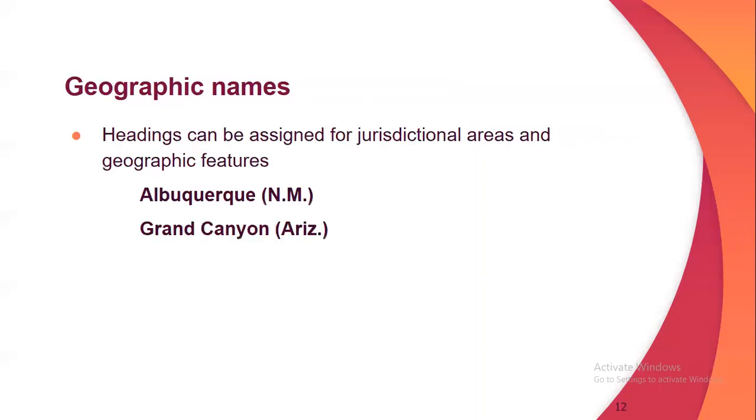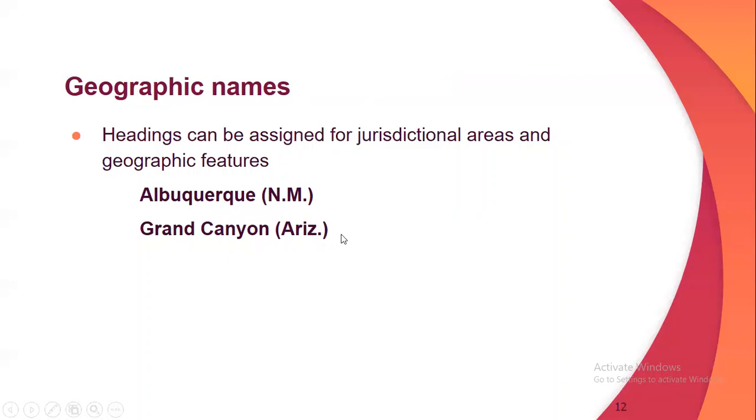Geographic names. Headings can be assigned for jurisdictional areas and geographic features. For example, a guidebook about Albuquerque in New Mexico would be assigned a geographic main heading, Albuquerque, parentheses, N.M. So we'll talk about the MARC tags for the subject headings later.